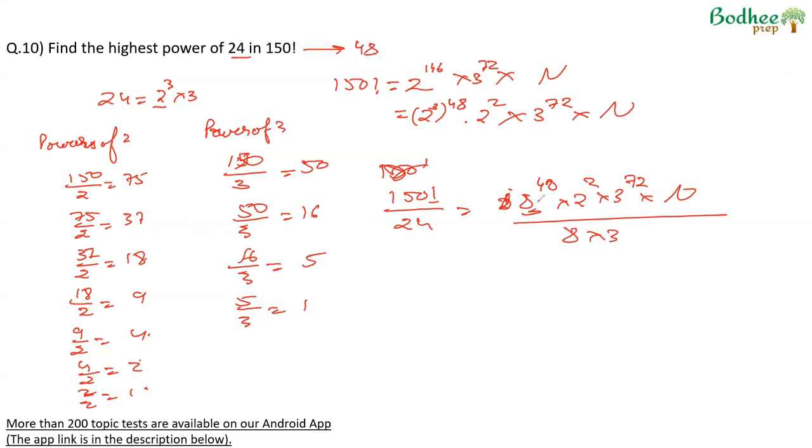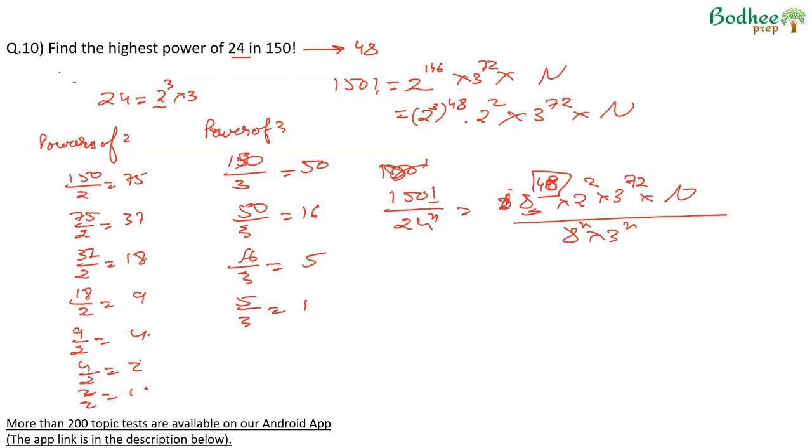Once 8 divides it 48 times, anything more than 48 will not divide the rest of the part. So the maximum value that n can take is 48. For 3, it can go up to 72. Since the limiting number is 48, the answer is 48.